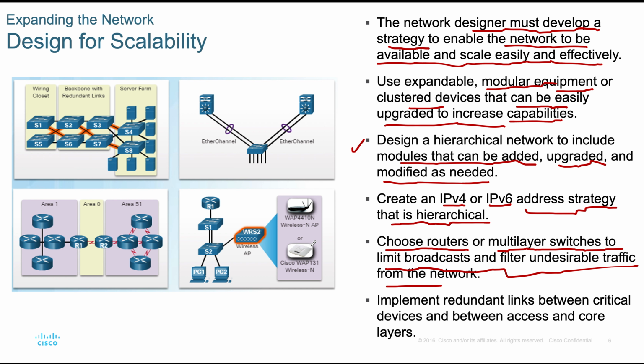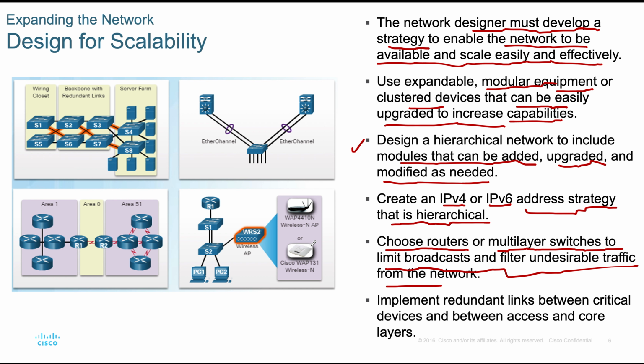Now, in order to make our network expandable, we need what we call modular equipment or cluster devices that can easily be upgraded to increase the capability of the network. So when we design a network, we need to think of modular equipment such as modular switches, modular routers, and so on and so forth.